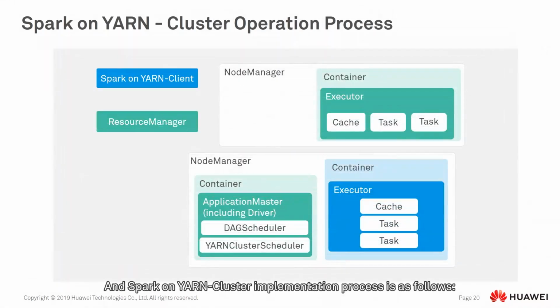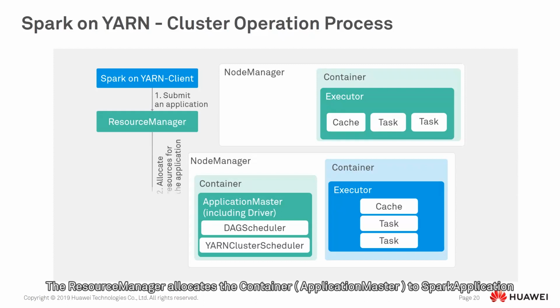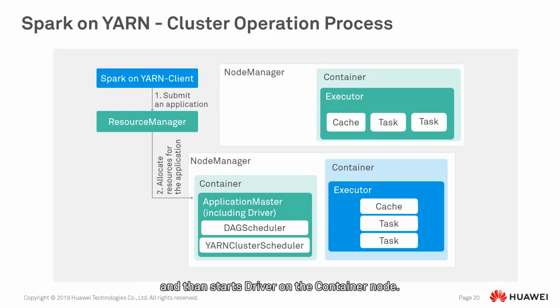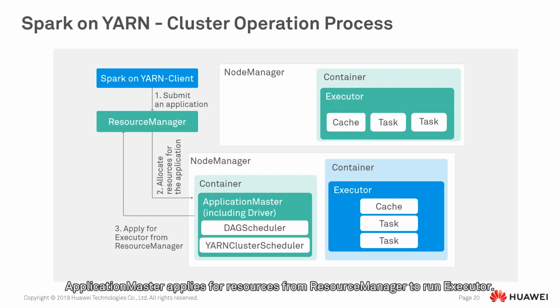And the Spark on YARN cluster implementation process is as follows. Client first generates the application information and then sends the information to Resource Manager. The Resource Manager allocates a container to Spark application and then starts driver on the container node. After that, Application Master applies for resources from Resource Manager to run Executor.